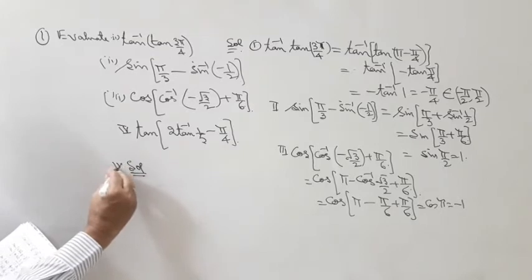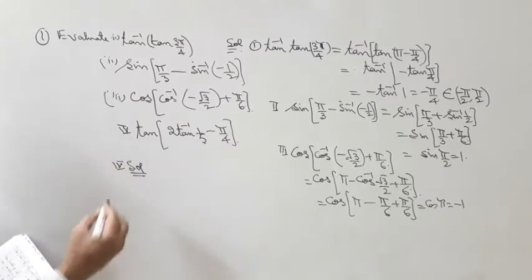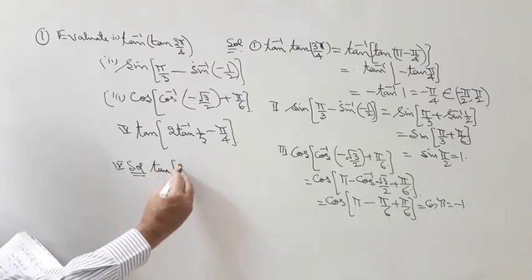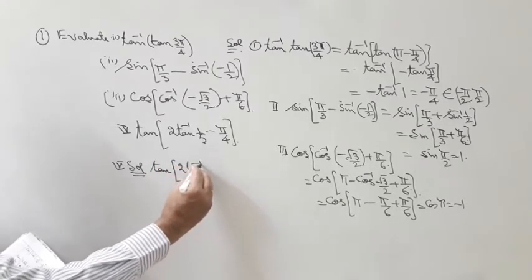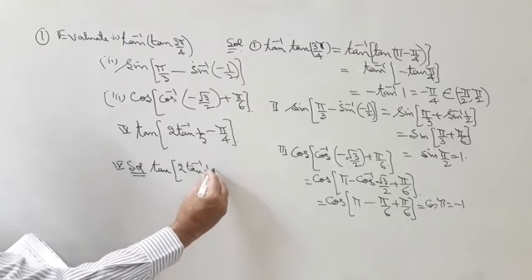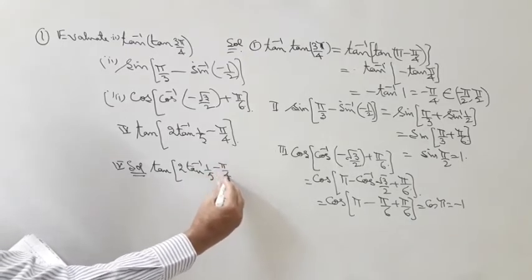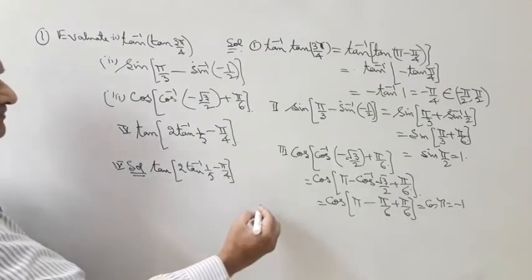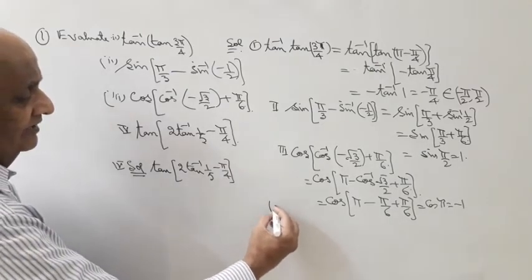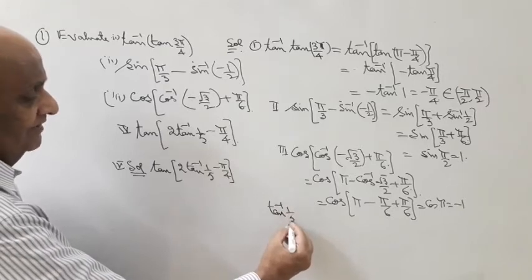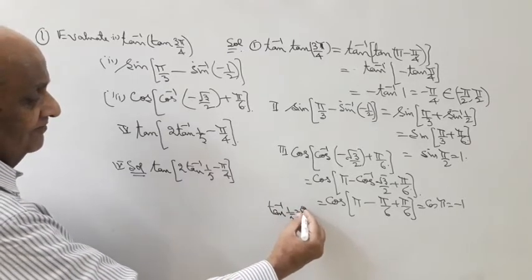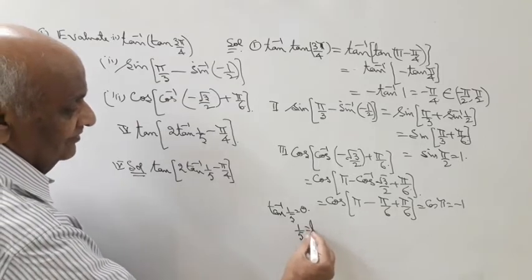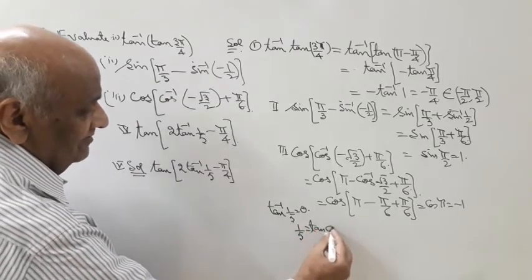This is for the fourth part. See, write down first the expression: tangent of 2 tan inverse 1 by 5 minus pi by 4. Check out. Now on one side you can put tan inverse of 1 upon 5 equal to theta. Therefore 1 upon 5 is equal to tan theta.